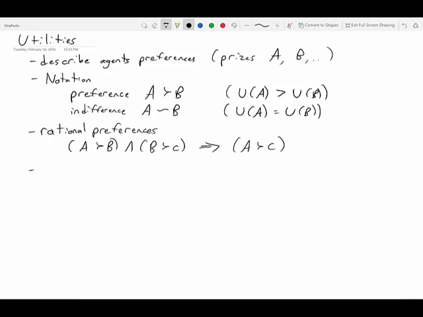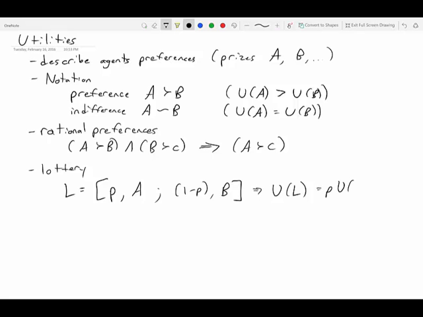We also define a lottery. For lottery L, for example, if we are considering two prizes, and we have a probability p of getting A, and a probability of 1 minus p of getting B, then the utility of that lottery is the probability of A times the utility of A plus the probability of B times the utility of B. Now, why might we care about this?